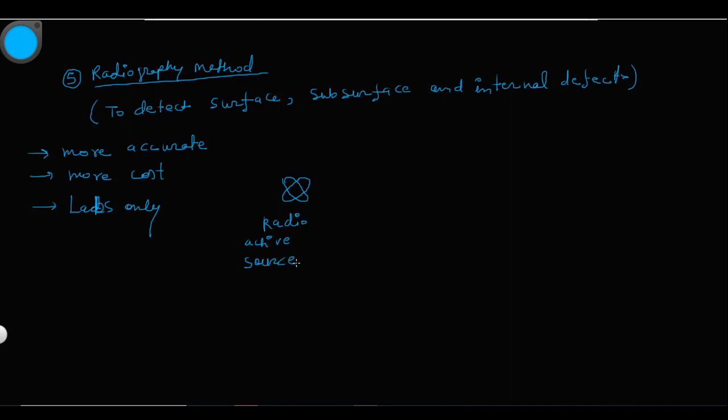In front of this radioactive source we put the specimen metal, and some defects are present like this, here and here, and from this radioactive source some rays will come out like that.